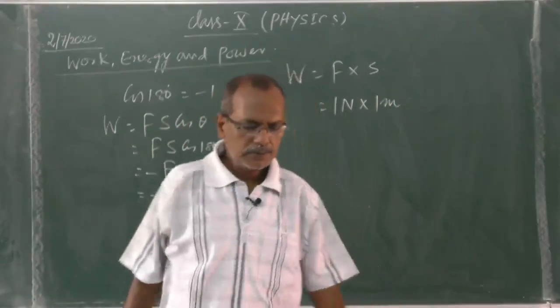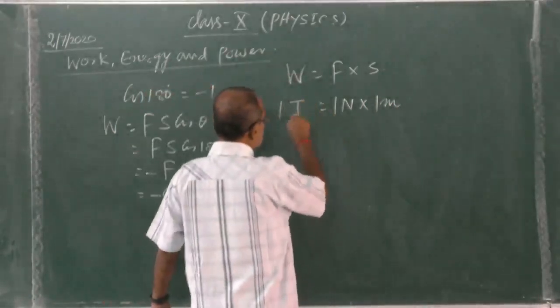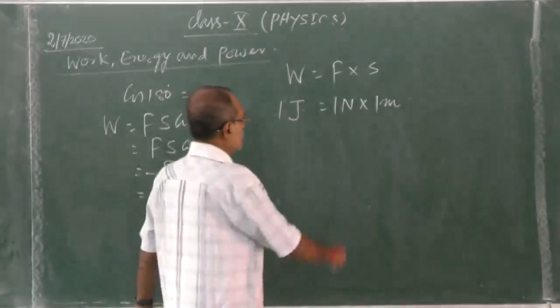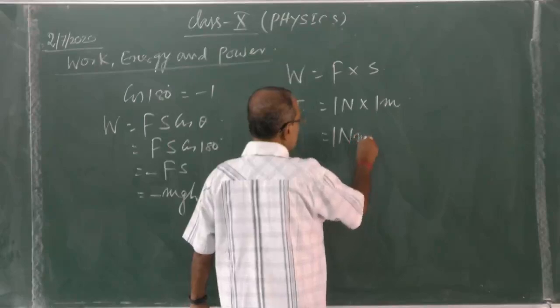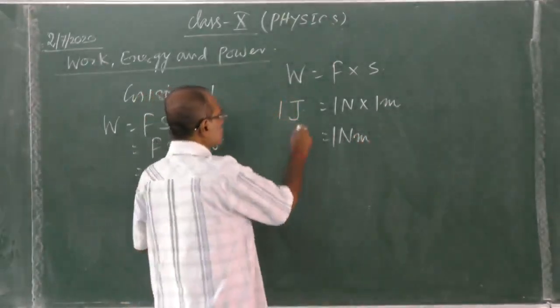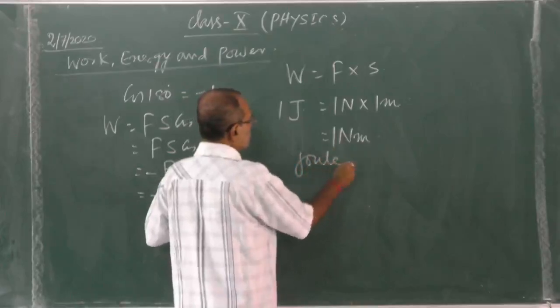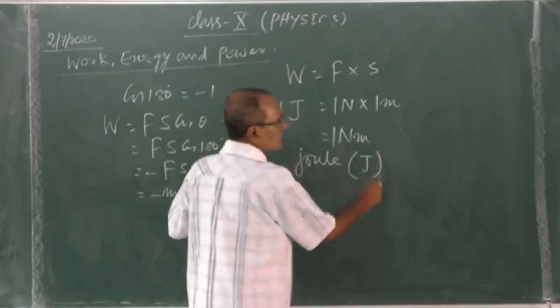Okay, so then what happens? Then it will be how much? 1 joule. So 1 joule is equal to 1 Newton meter. So the SI unit of work done is what? Joule. The small letter you will write, joule.